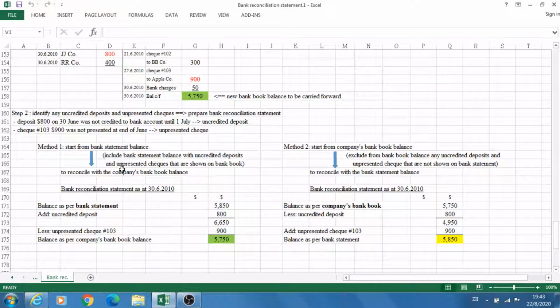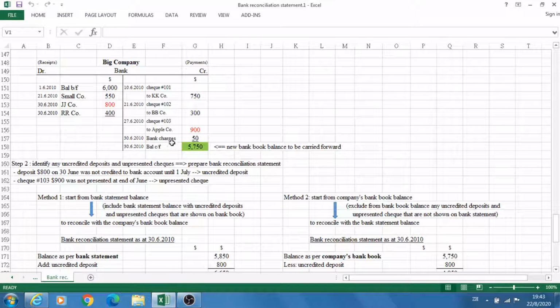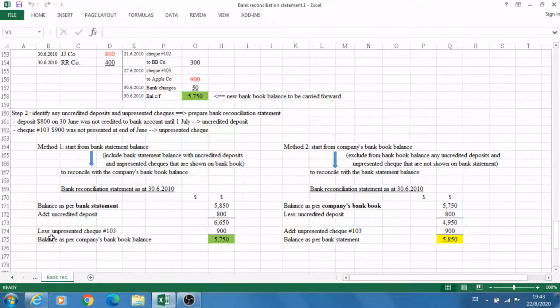Also include unpresented checks $900. As payment checks reduce bank balance, so it's less unpresented check $900 to reconcile with the company's bank book balance $5,750.